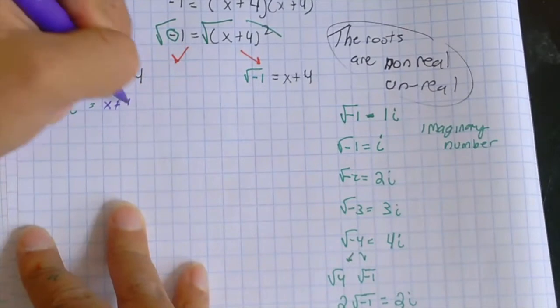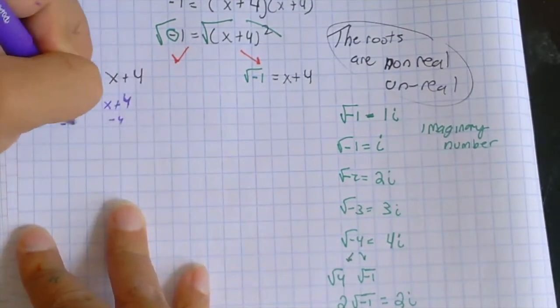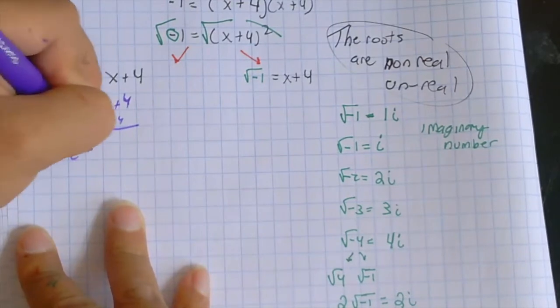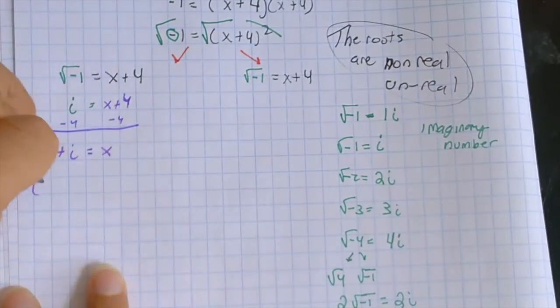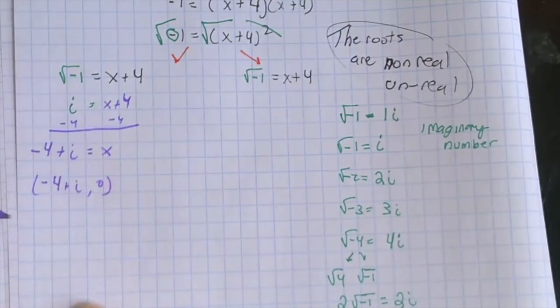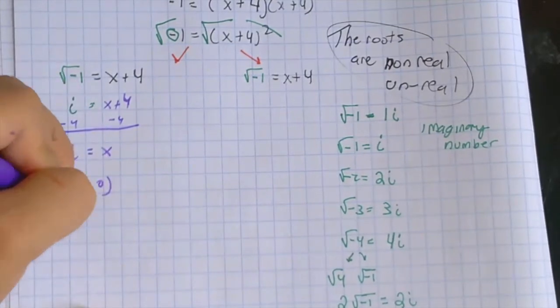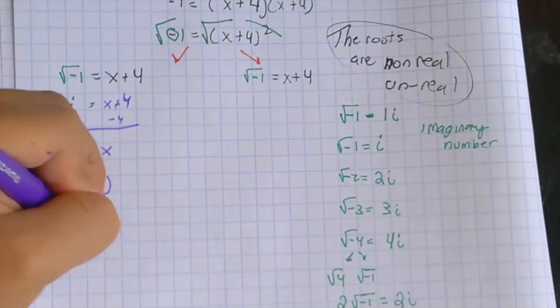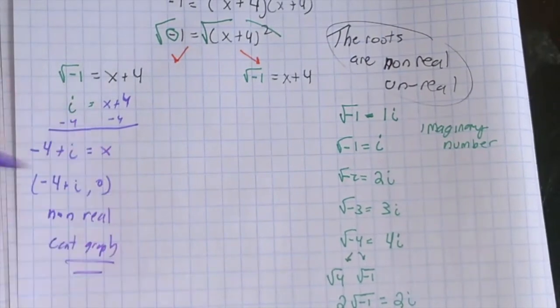x plus 4, subtract 4 from both sides. We have now negative 4 plus i equals x. Our point is technically (-4 + i, 0), but again, it's non-real, so we can't even graph. Can't graph.